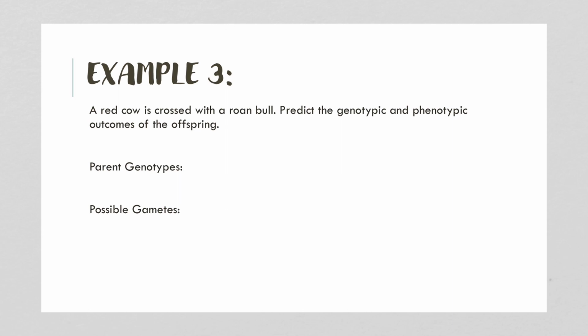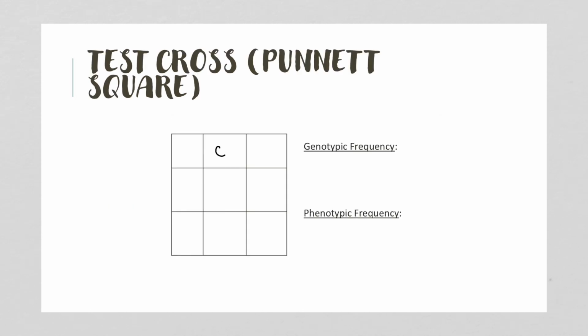So the parent genotypes: the red cow is going to be C^R C^R, and the roan bull is going to be C^R C^W. So the possible gametes are C^R or C^R for the first one, being crossed with C^R or C^W for the other one. So we'll do our Punnett square. We have C^R C^R, C^R C^W, C^R C^R, and C^R C^W.